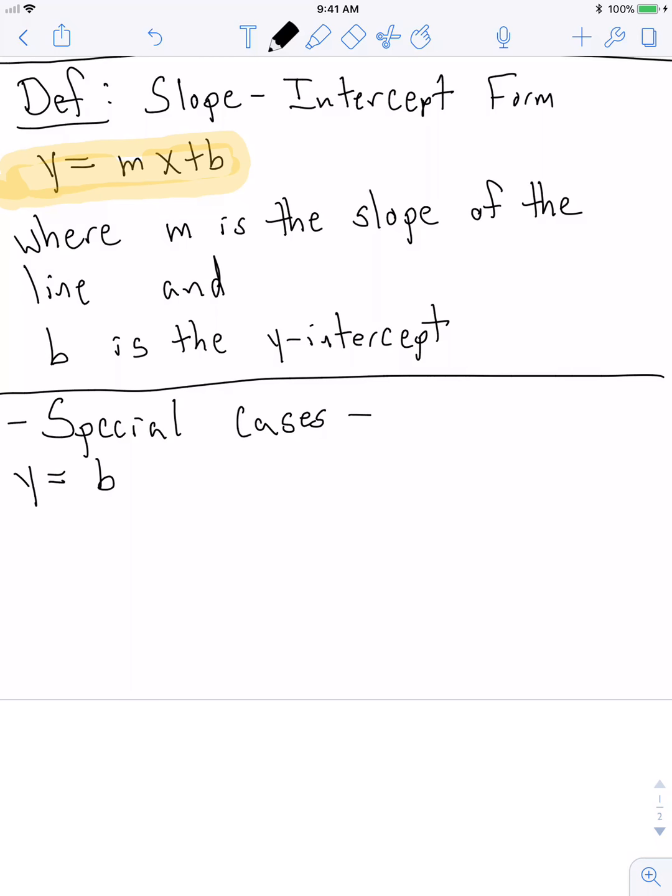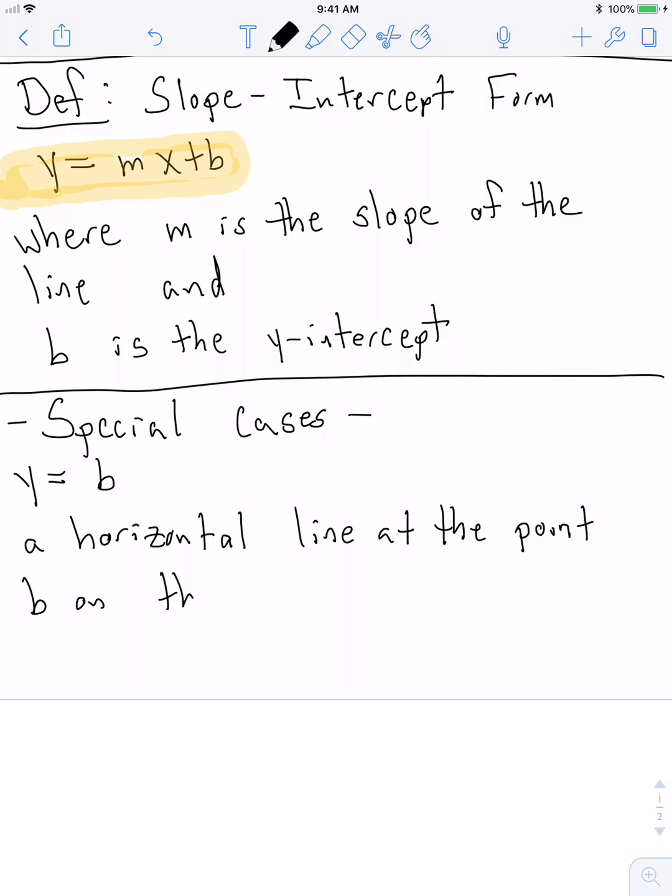No matter what x value we put in, y will remain the same. It'll always be some value b that we plug in. And so this looks like a horizontal line at the point b on the y-axis.